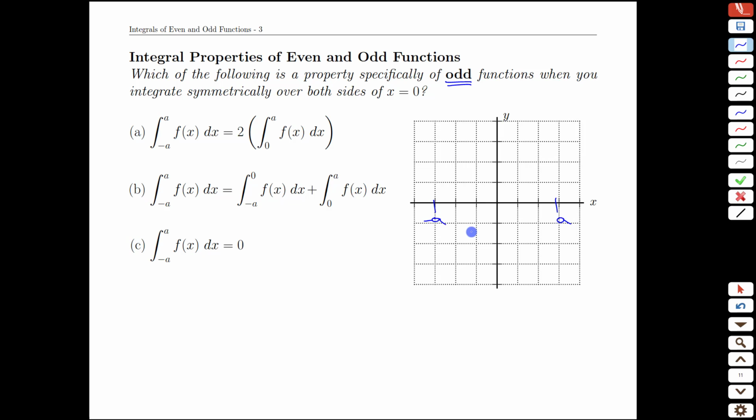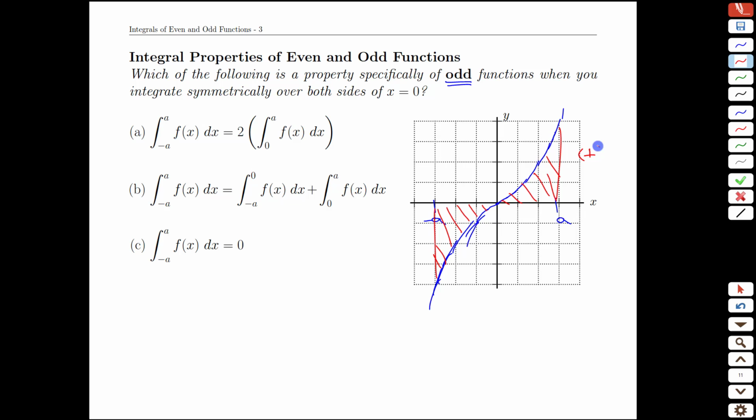Again, we can sketch something maybe a little more complicated than y equals x. Let's sketch a cubic, or even just something odd that covers that span. What we see immediately is that if we integrate from 0 to a and from negative a to 0, because of the symmetry, these are going to be equal-sized areas.